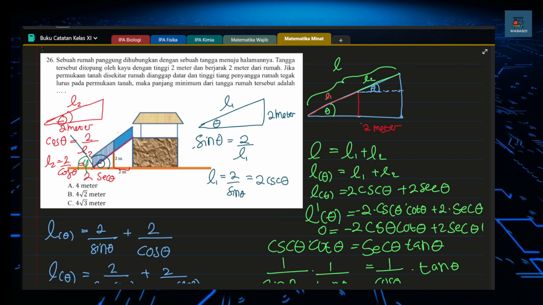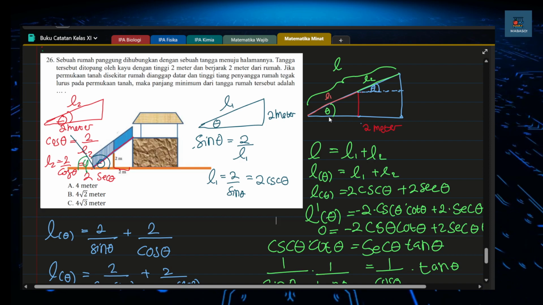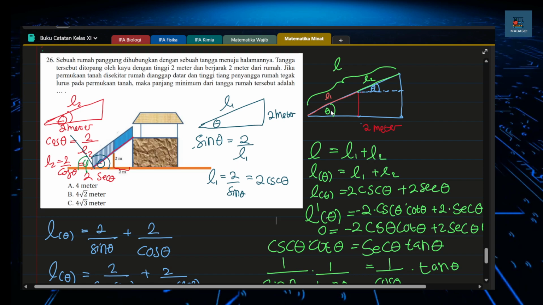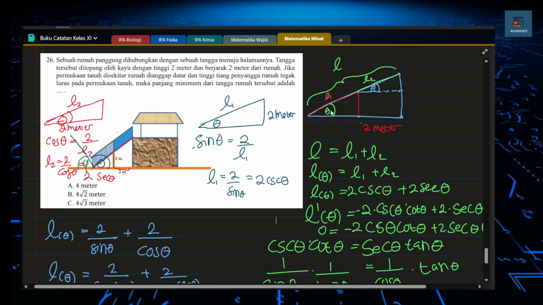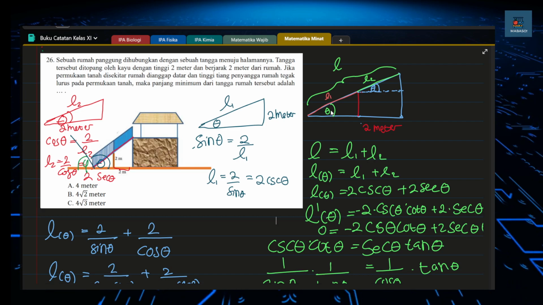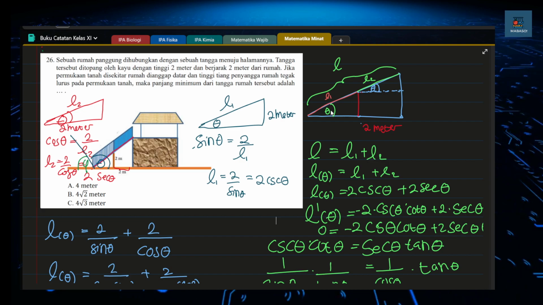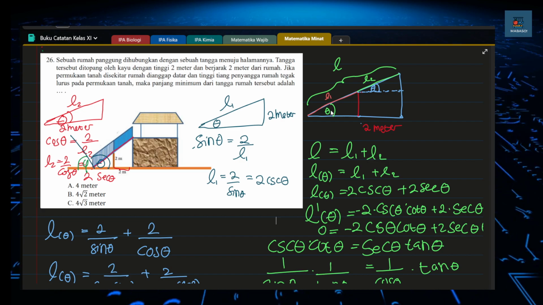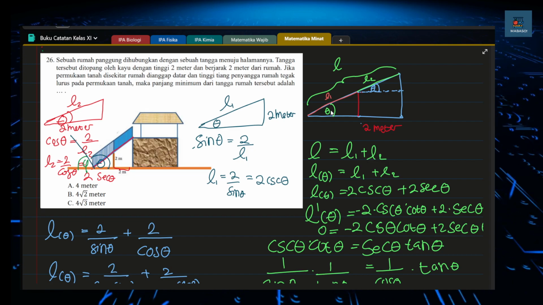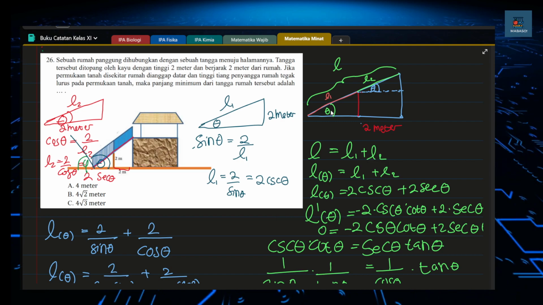First of all, you have to notice that there is an angle theta. The part that makes it difficult is that you have to notice that the length of the ladder depends on the angle of the ladder.